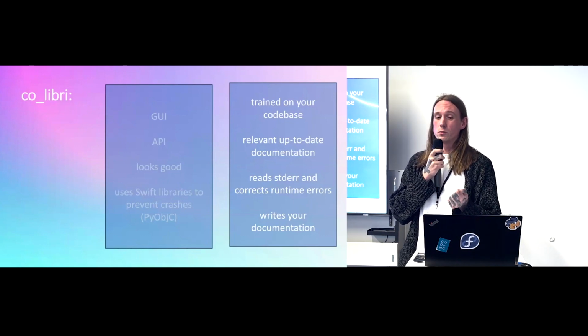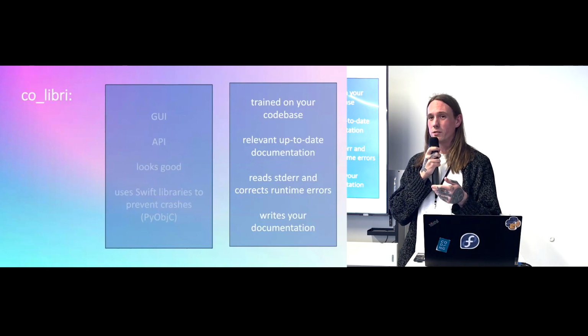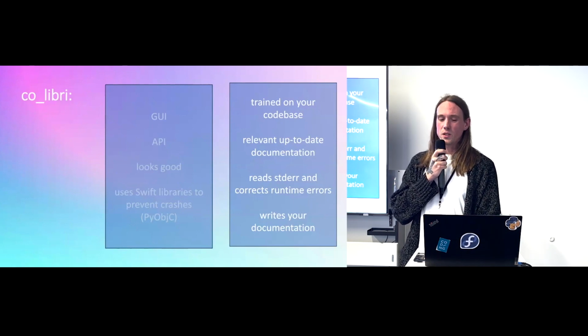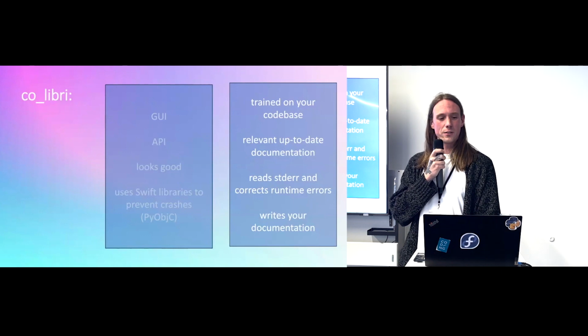GPT-4 doesn't know contemporary coding libraries very well. It's trained on old data. It also reads the standard error and corrects your runtime errors. And it writes your documentation. It's almost ready, and I'm really looking forward to it.